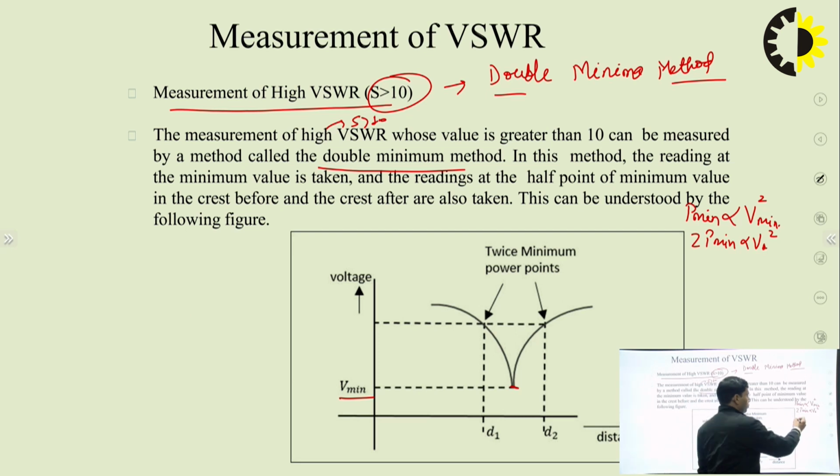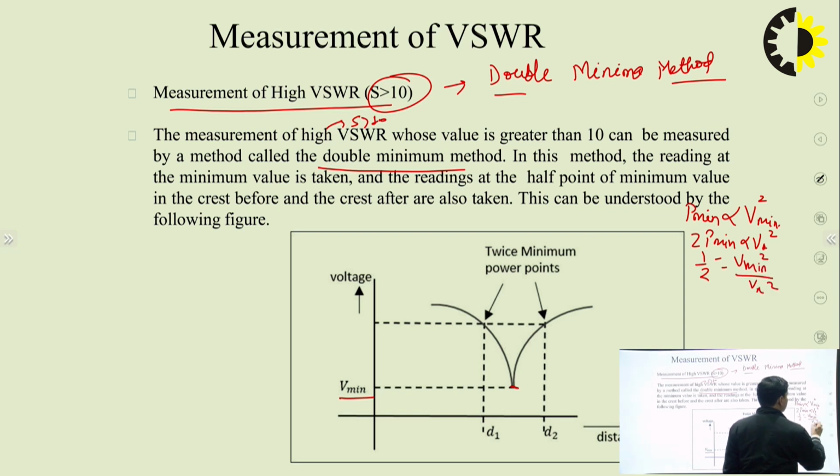Taking the ratio of these two, 1 by 2 equals V minimum squared by Vx squared, or Vx equals root 2 times V min.